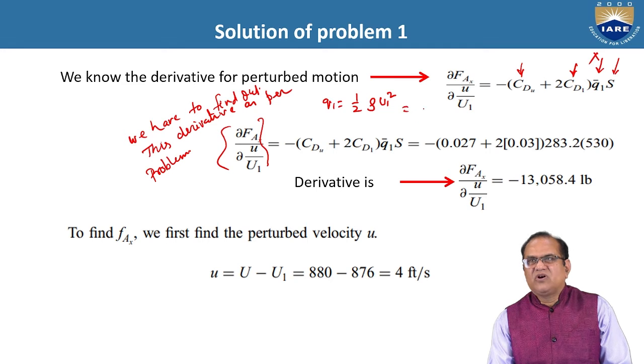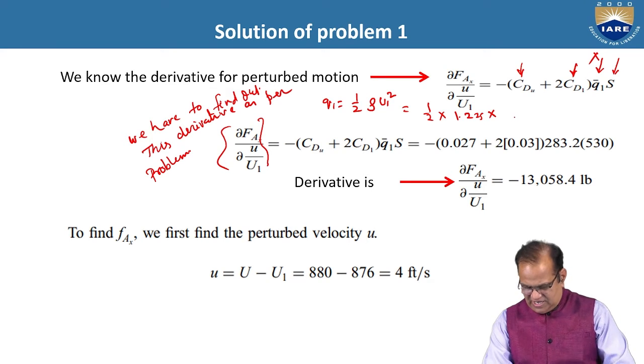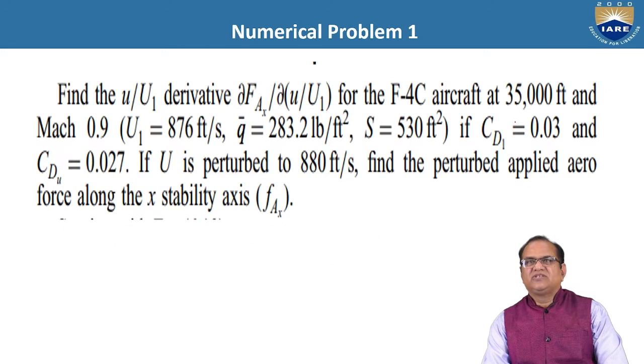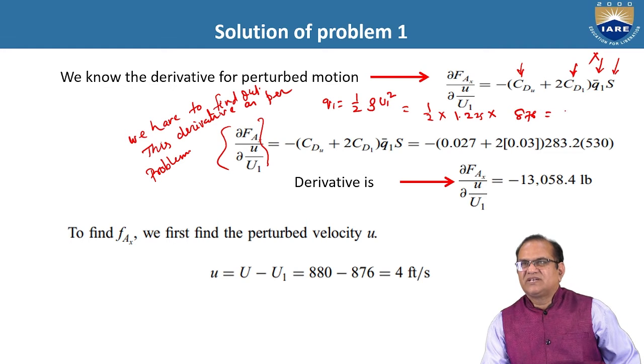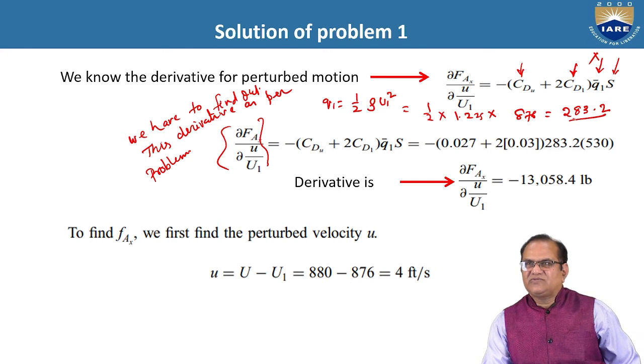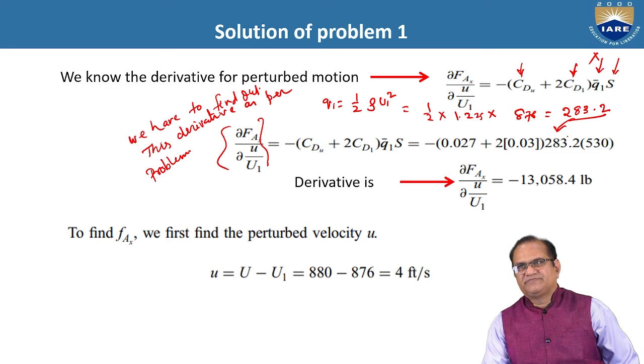So half into 1.225 into velocity, which is given here, u1 is equal to 876. So this you will get 283.2. This value is put here.